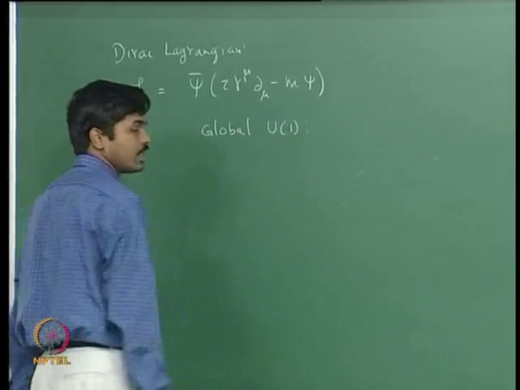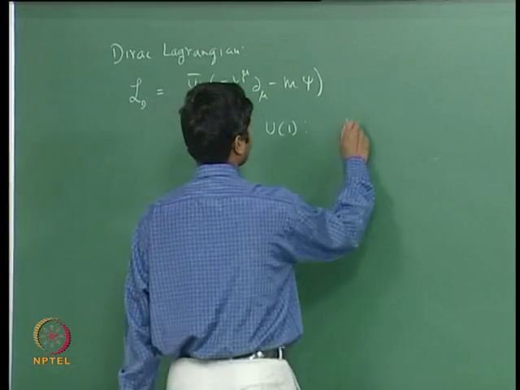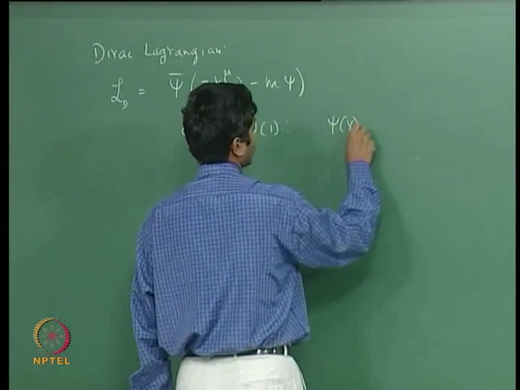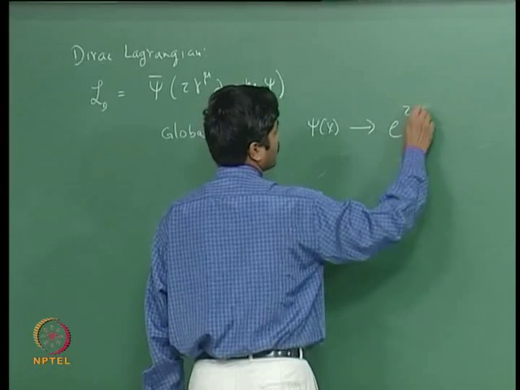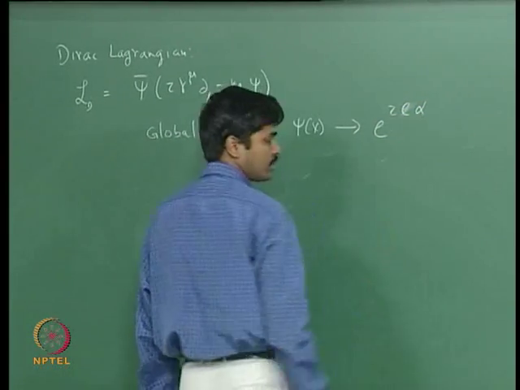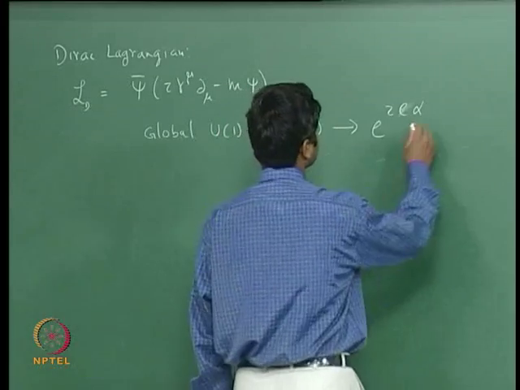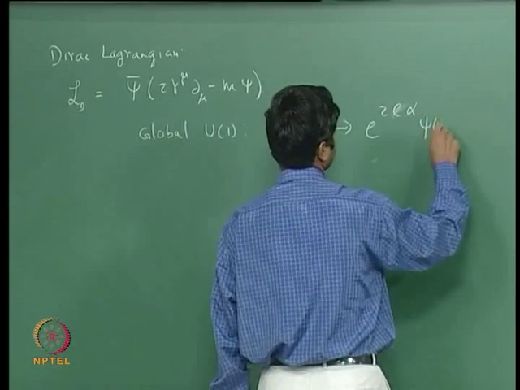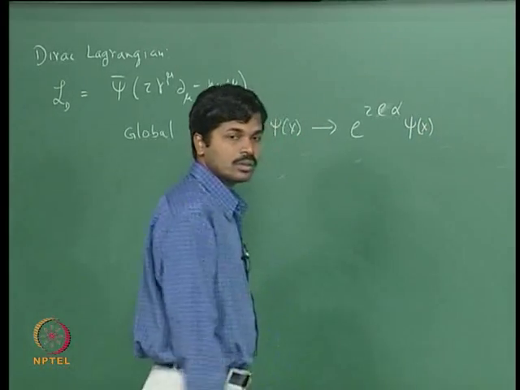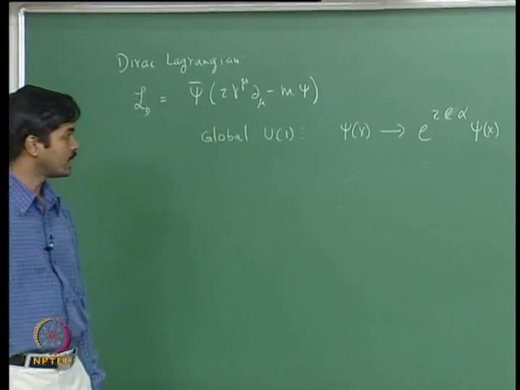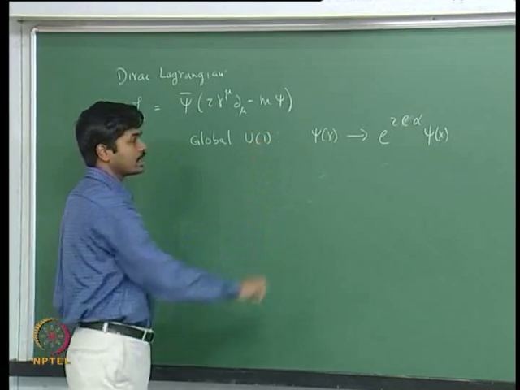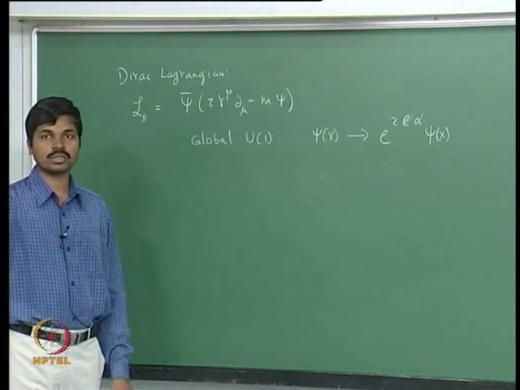So, if you make ψ(x) transform as e^{ieα} ψ(x), where e and α are constants, then this Lagrangian density is invariant under this transformation.